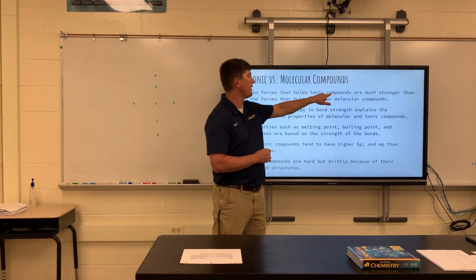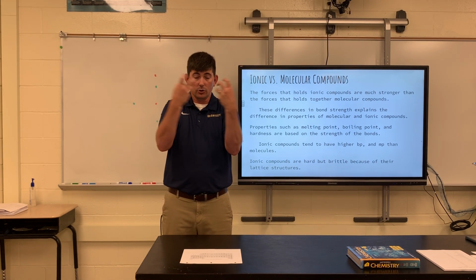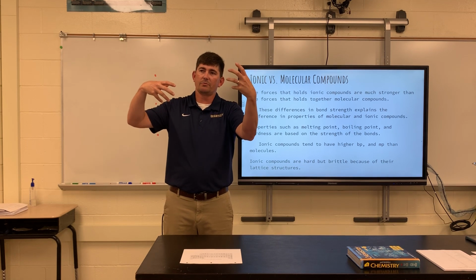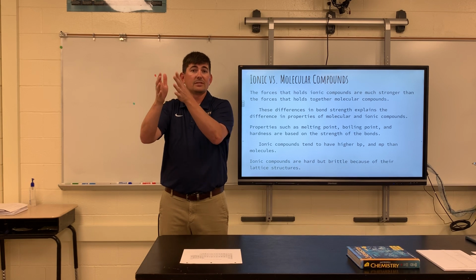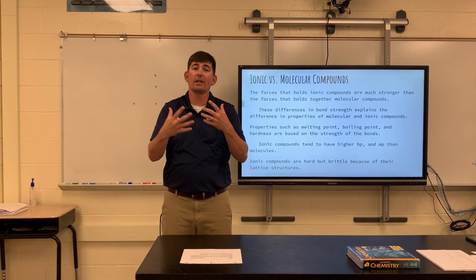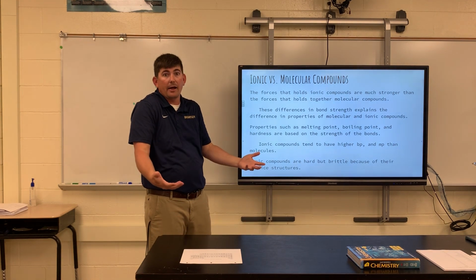The forces that hold ionic compounds together: what holds one ion to another? If you have an ionic compound, it's held together just by these opposite charges, a positive with a negative, a positive with a negative. This crystal lattice kind of structure. So what holds ionic compounds together is ionic bonding.